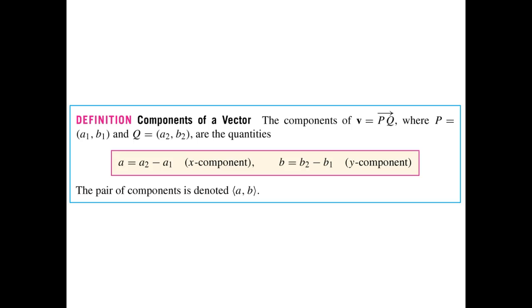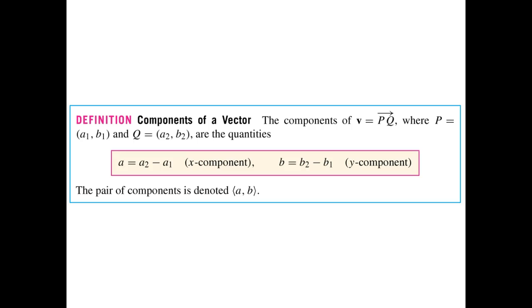PQ, P being the initial point, Q being the terminal point, where P is A1B1 and Q is A2B2. Now, sometimes books will call this A0, B0, and A1B1 there. It doesn't matter. There are just subscripts. They don't really mean that much, except the ones stay together and the twos stay together.